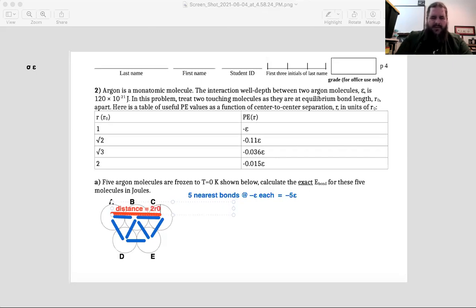Yeah, 2 times R naught. And typically we would take that 2 times R naught and look that up on a graph, the Lennard-Jones potential energy graph, but it actually just gives us that value here. If the distance is 2 times R naught, then the energy is -0.015 epsilon. So we have one bond of distance 2 R naught. Are there any other bonds of that distance?